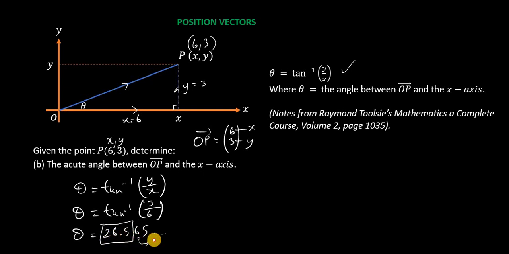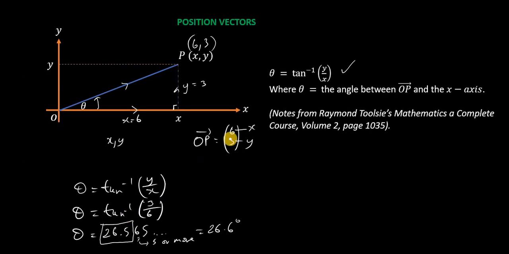It's in the category of 5 or more, meaning it could be 5, 6, 7, 8, or 9. Once it's one of those digits, from 5 to 9, you're going to add 1 to the last digit in the required significant figures. So we have 1, 2, 3. So we're going to add 1 to the 5. So this will give us 26.6 degrees. Again, angle is in degrees.